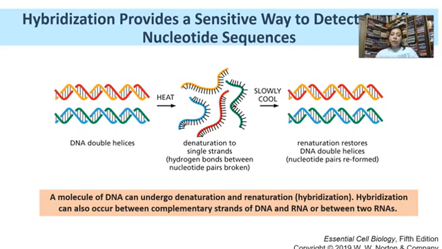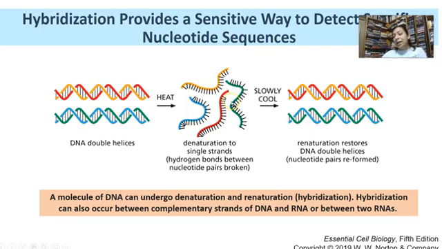So one of the things that we do, once we have a DNA molecule that is of interest, once we have isolated it, we can separate the two strands of DNA, and then we can look at individual single nucleotides in each of those strands and look at their actual sequence to figure out what exact sequence is present there.